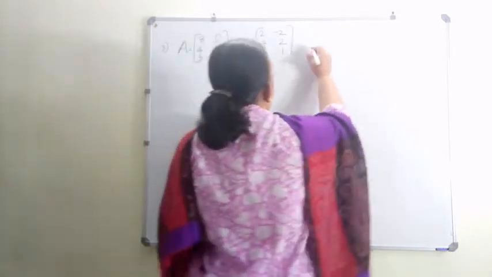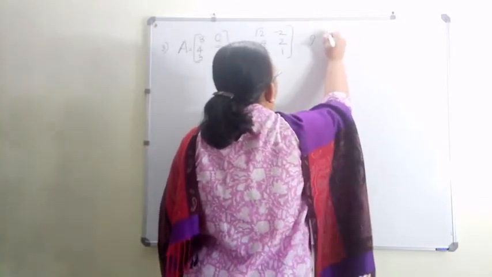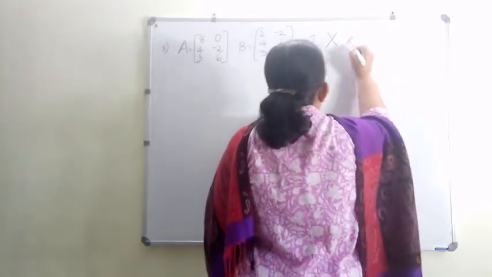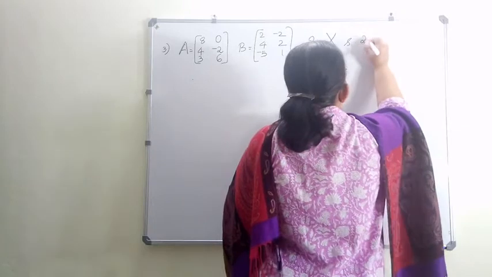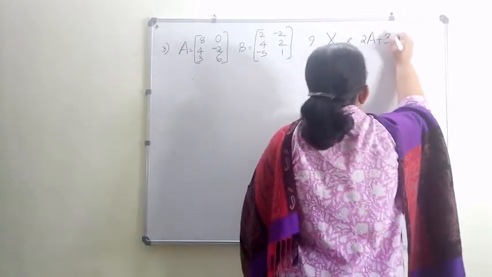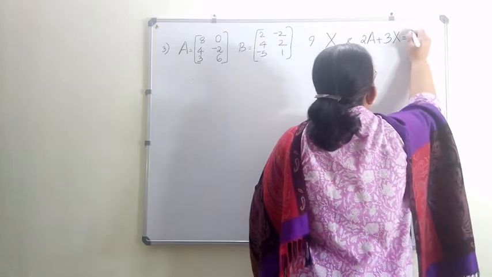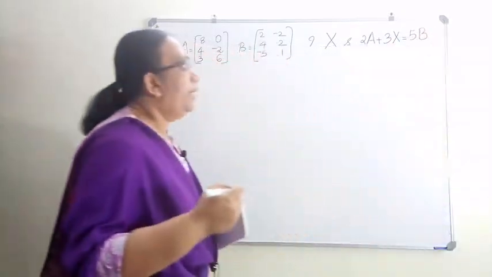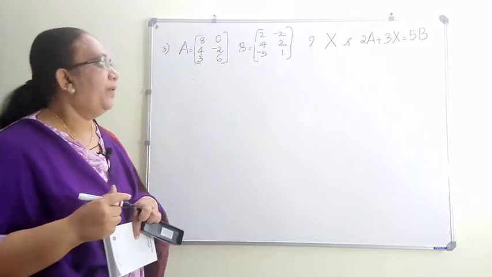Find the matrix X such that 2A plus 3X is equal to 5B. The relation is 2A plus 3X is equal to 5B.